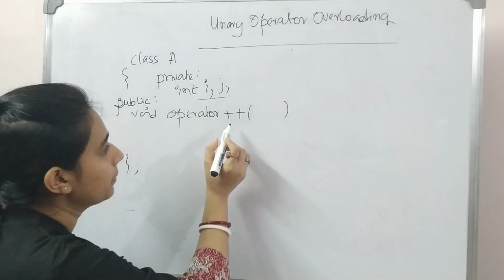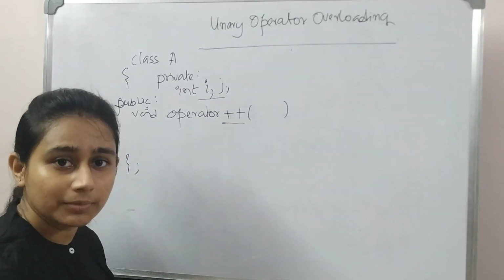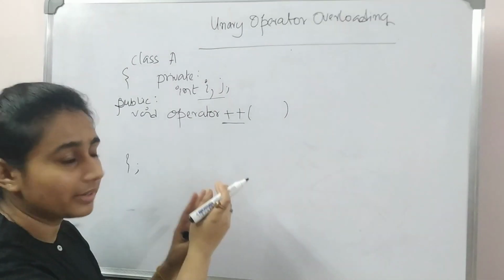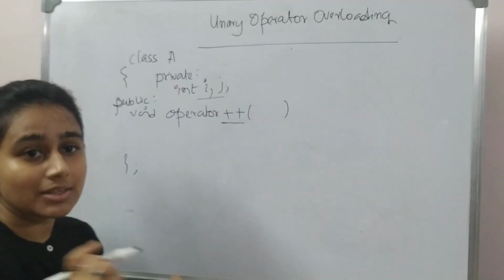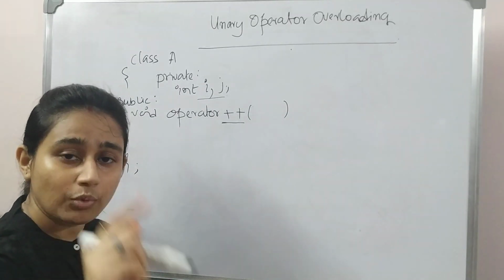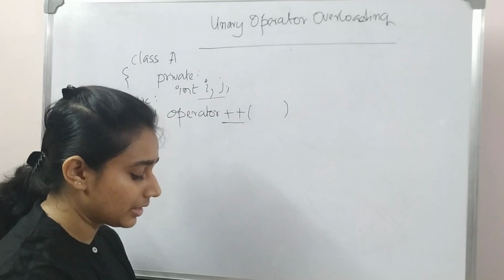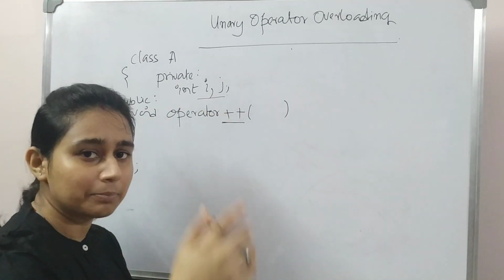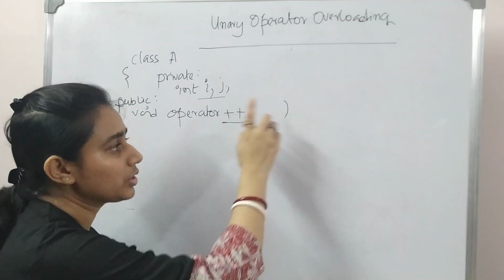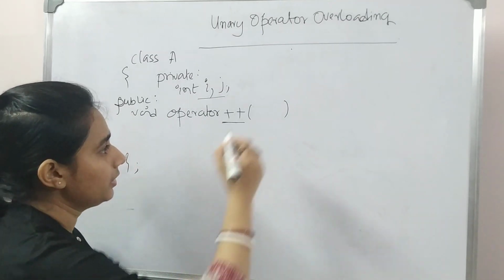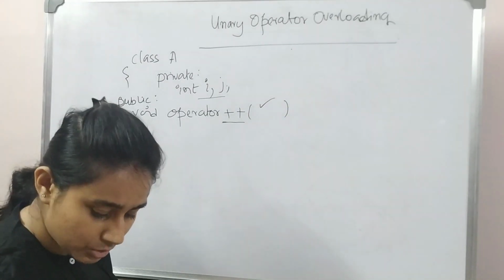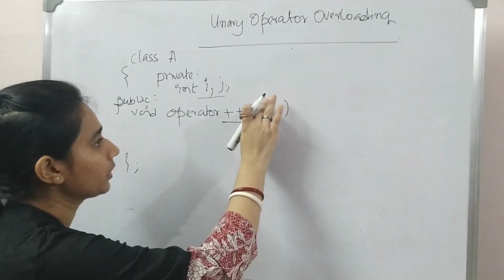No argument, because as it is a unary operator as well as a member function, one argument will be implicitly passed. So no need to write anything. Okay.